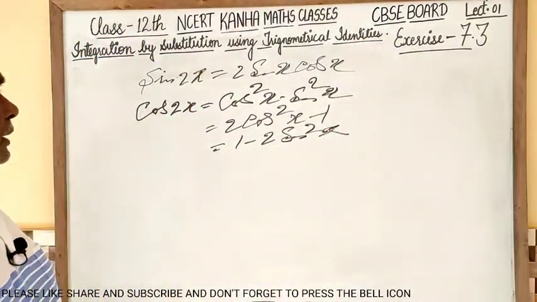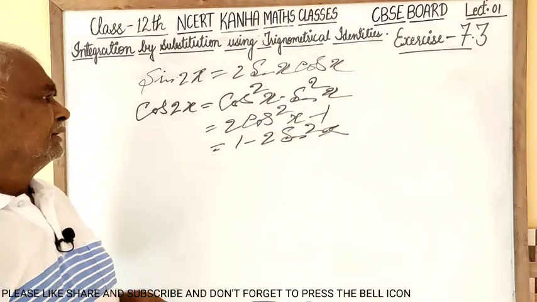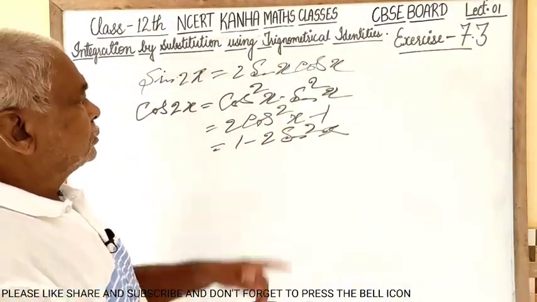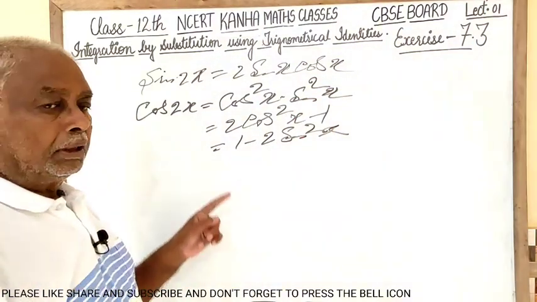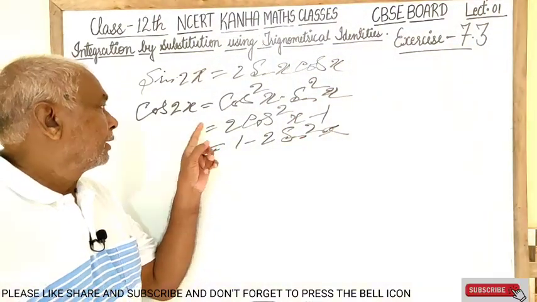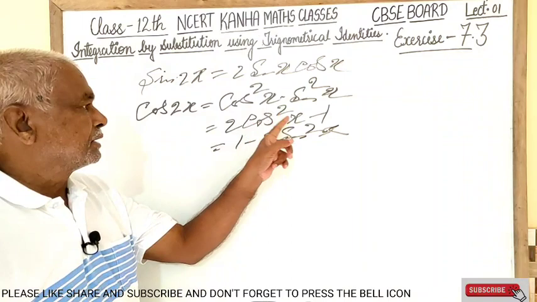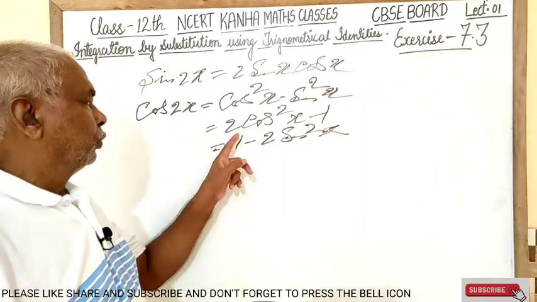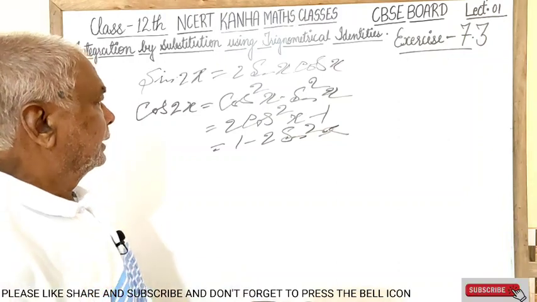Here we see that cos 2x is equal to, in first stage, cos square x minus sin square x. In second stage, cos 2x will be equal to 2 cos square x minus 1, and in third step it will be equal to 1 minus 2 sin square x.